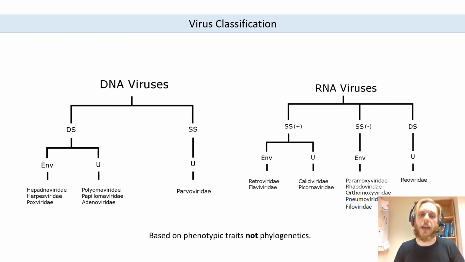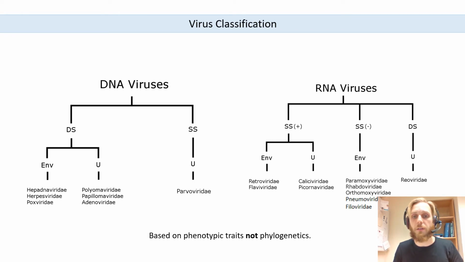Finally, we have the enveloped or unenveloped classification. So we can say, okay, this virus is, for example, an RNA virus. It's a single-stranded RNA virus, and that single-stranded genome is positive sense. Is it enveloped or unenveloped? Does the virus have an envelope or does it not?